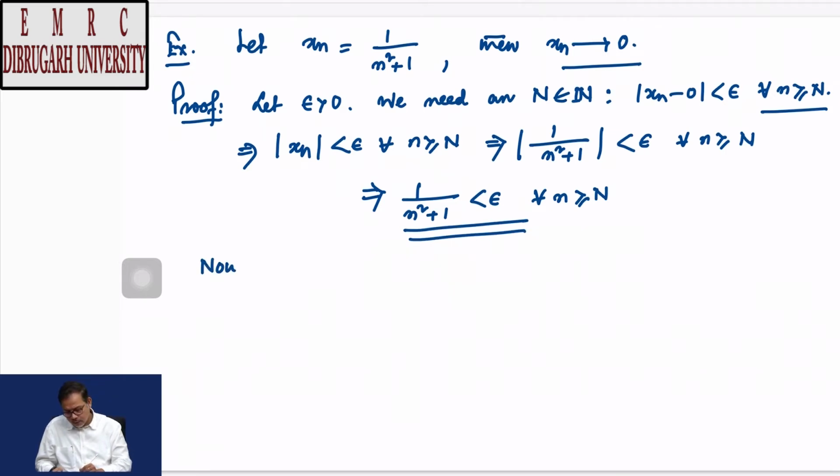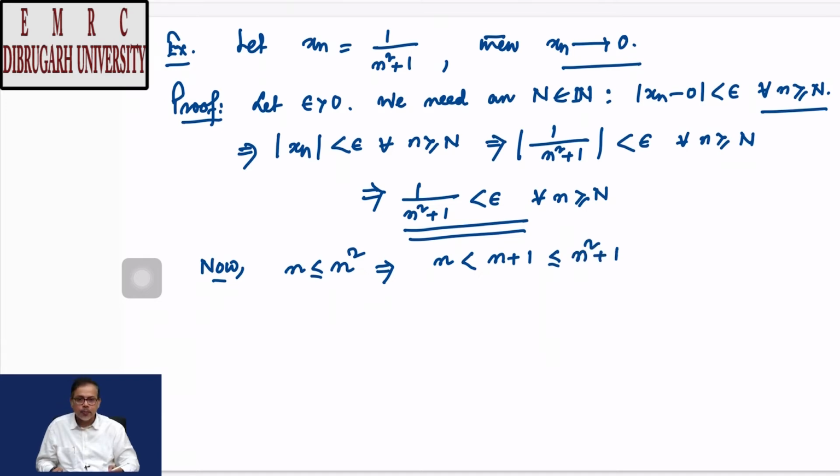Now, n is less than or equal to n square. This implies n is less than or equal to n plus 1, which is less than or equal to n square plus 1. This implies 1 by n square plus 1 is less than or equal to 1 by n.